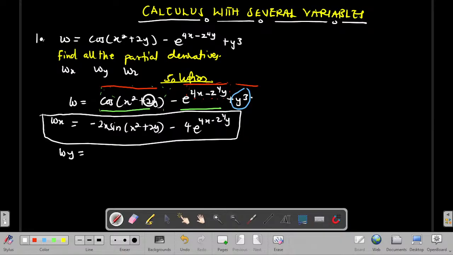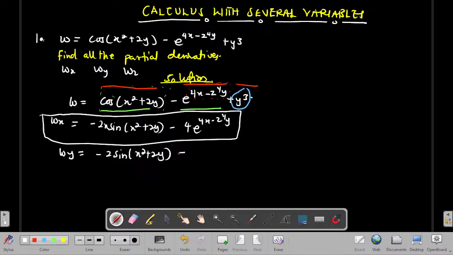When I differentiate with respect to y, this is a constant, it will be 0. Therefore, my answer will be negative, multiplying sine of negative 2, x squared plus 2.